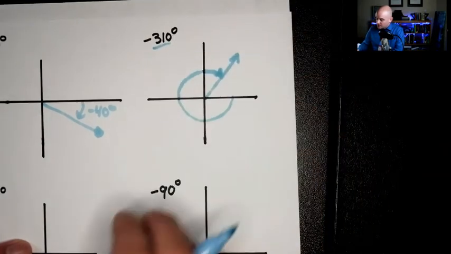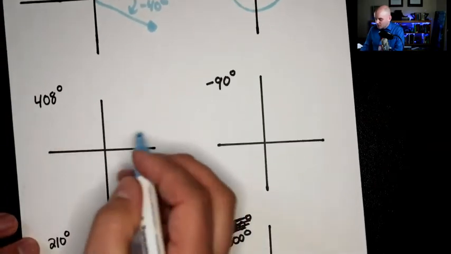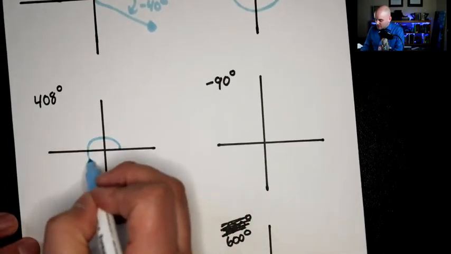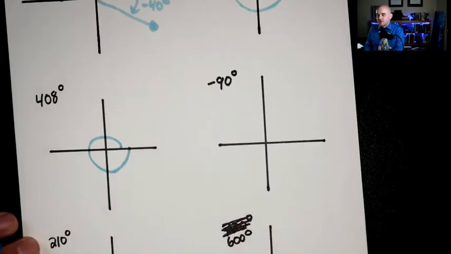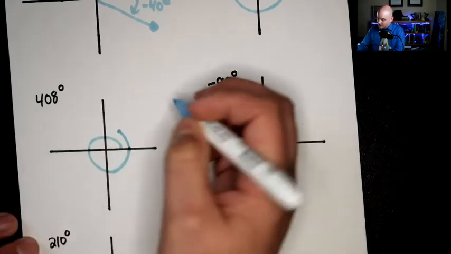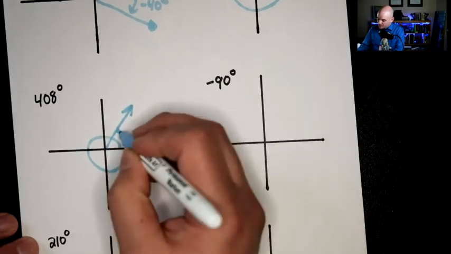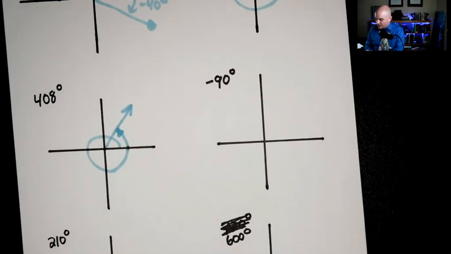This is -310. All right, positive 408, I know that this is 360 degrees right there. And then I'm 48 degrees past 360. So that's going to be a little bit past what would be 45 degrees coterminal to it. So there it is. And I draw my arrows there to show it went around like that.